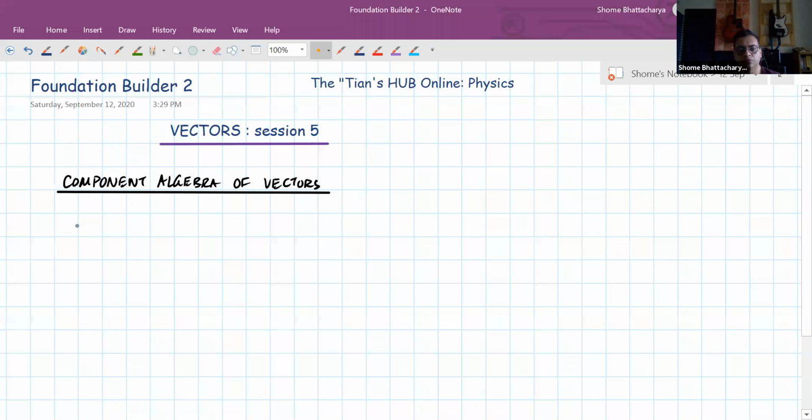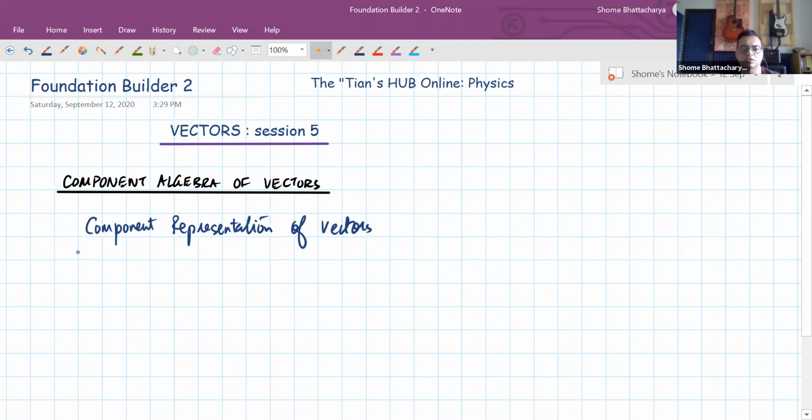So the first thing we'll understand in component algebra is the component representation of vectors. That is how to represent vectors using a method called components.